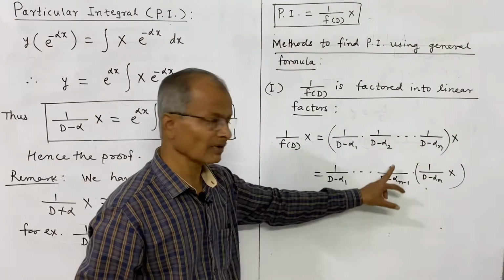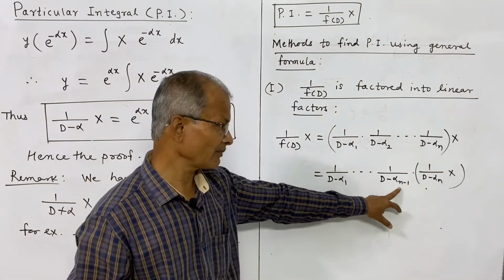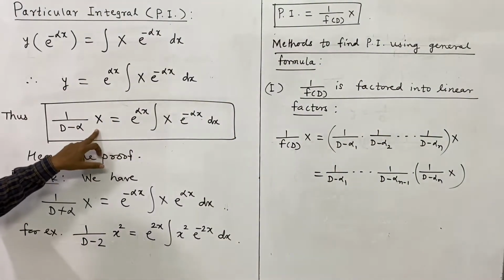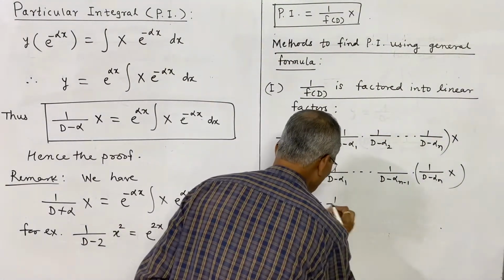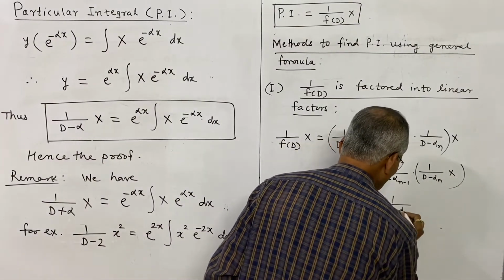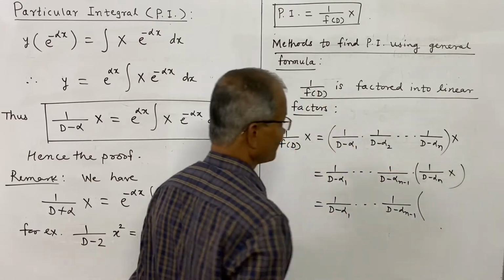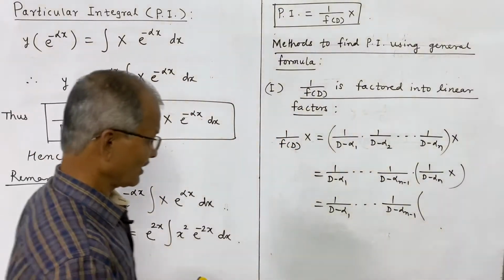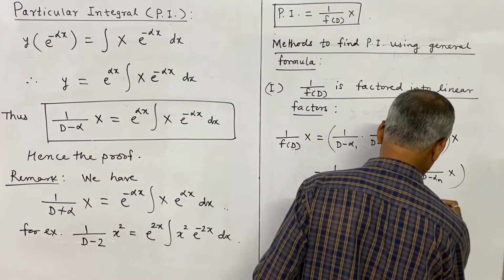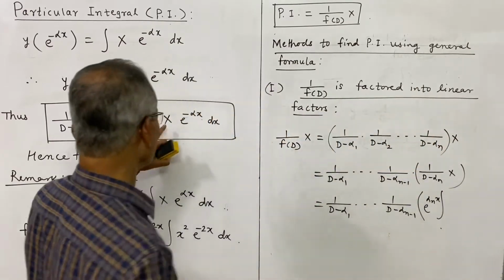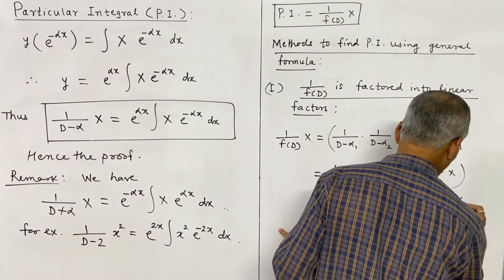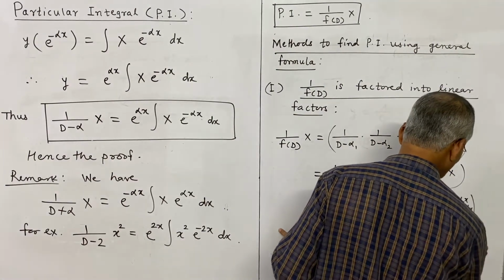Earlier to this factor is 1 upon D minus alpha n minus 1, and now for this we shall use the general formula, and that gives 1 upon D minus alpha 1 and so on, 1 upon D minus alpha n minus 1, and in brackets, e power alpha n into x, integration of this function X, e power minus alpha n times x into dx.